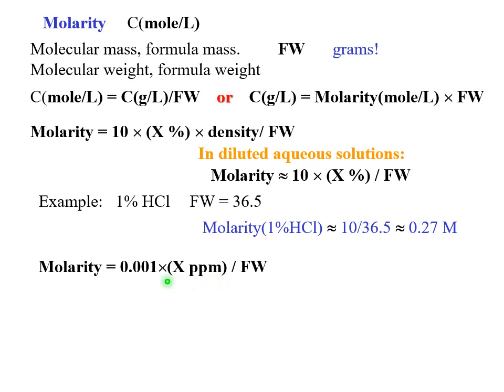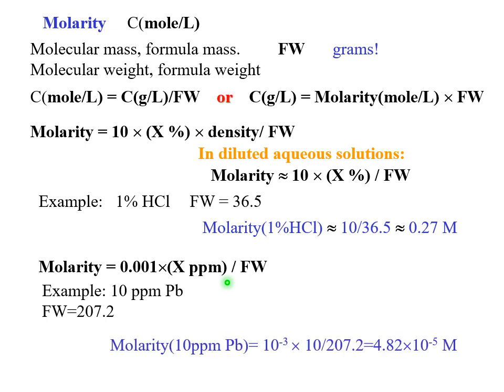In that case, it will be 1000 by ppm divided by formula weight. For example, 10 ppm solution of lead with atomic weight 207.2 will have, of course, very small molarity, 4.82 times 10 to the negative 5.